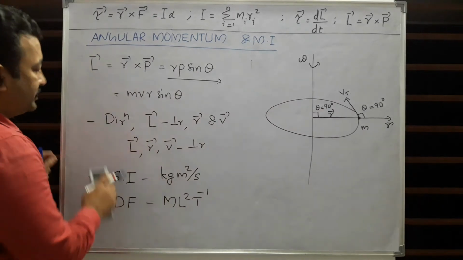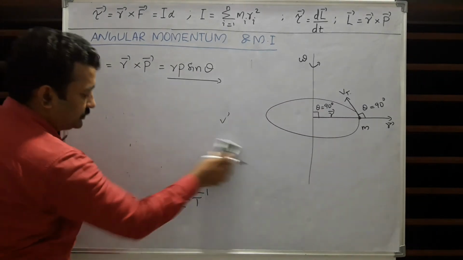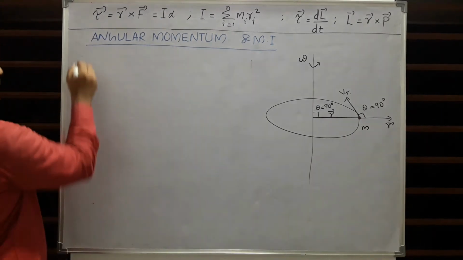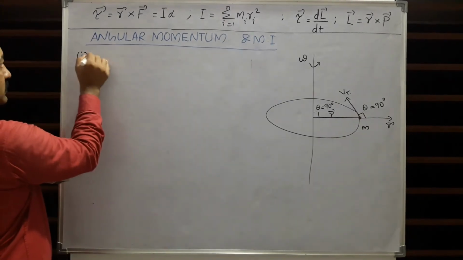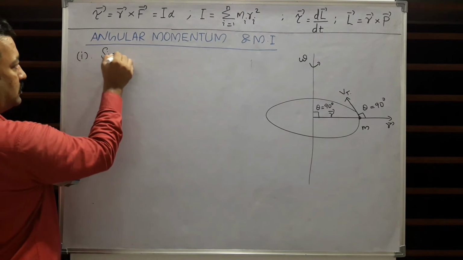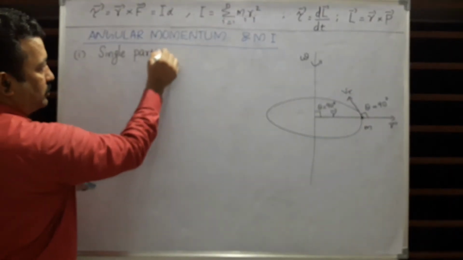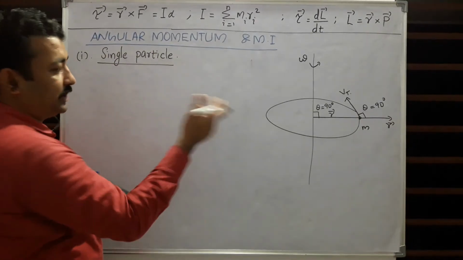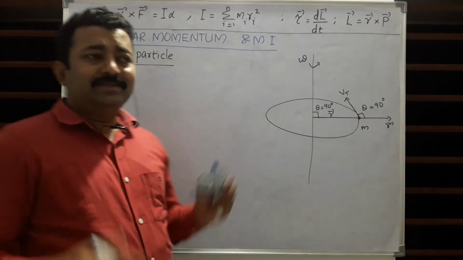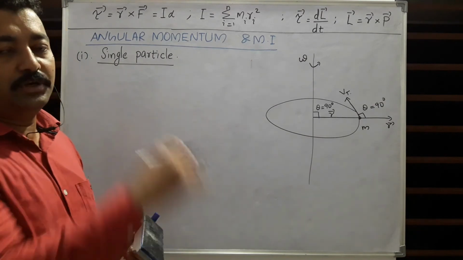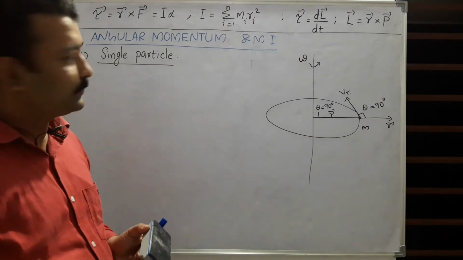So we are going to write the expression for angular momentum for a single particle revolving about an axis. Why I am doing it like this is, if you study a single particle, it is very easy for you to understand the concept, and you can simply extend that to the case of a many-particle system.